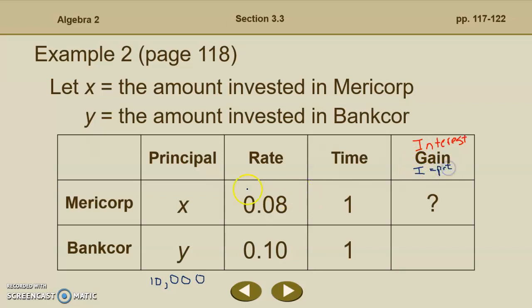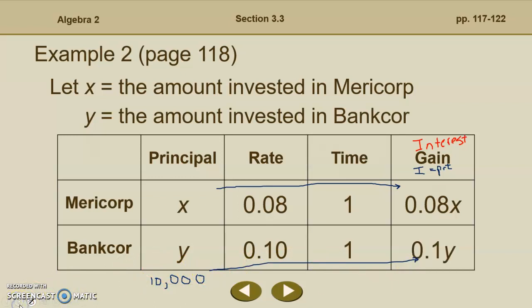So we're going to take these 3 things, PRT, and write that as one expression. So we get 0.08x. And same thing down here, we're going to take these 3 and represent that as 0.1y. We know that the total amount of interest that he gains is $850.